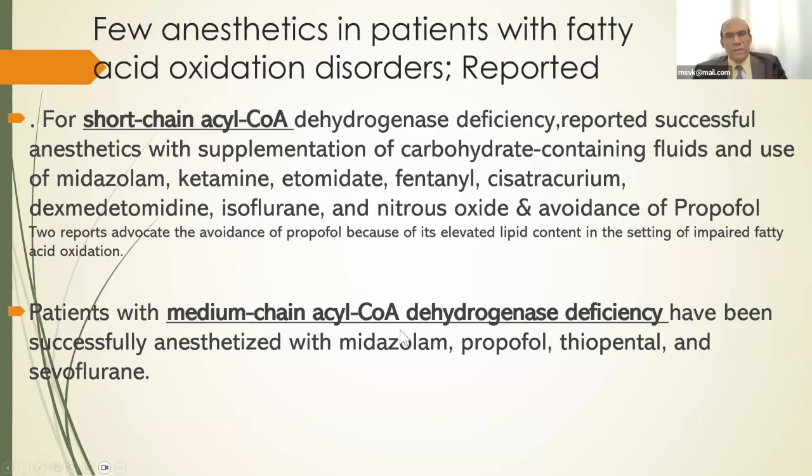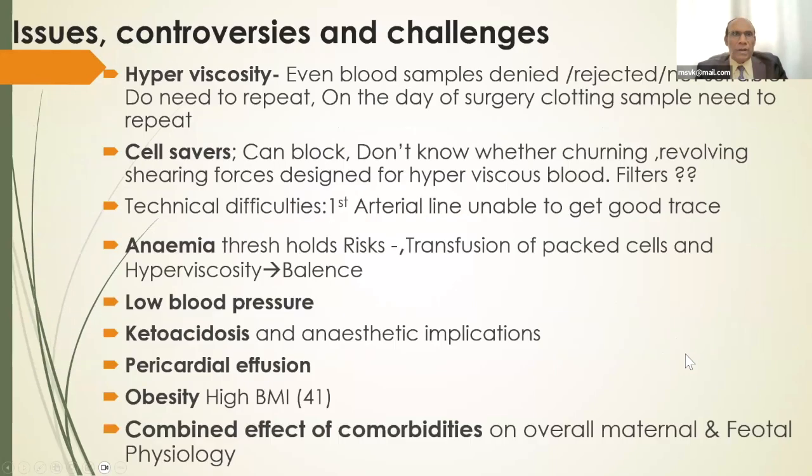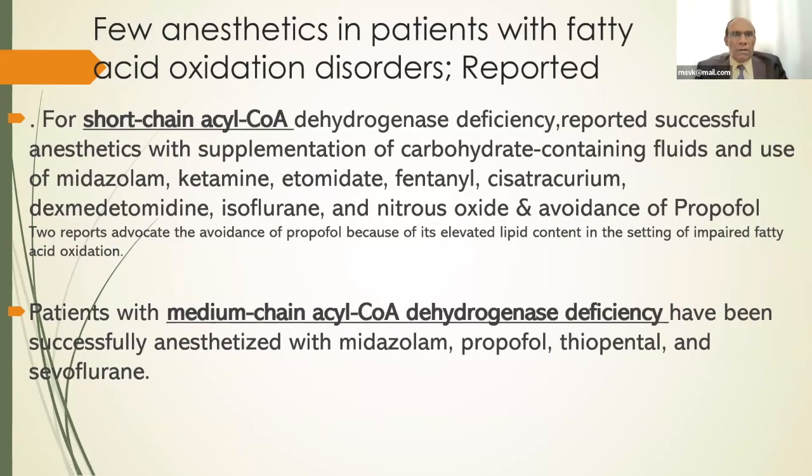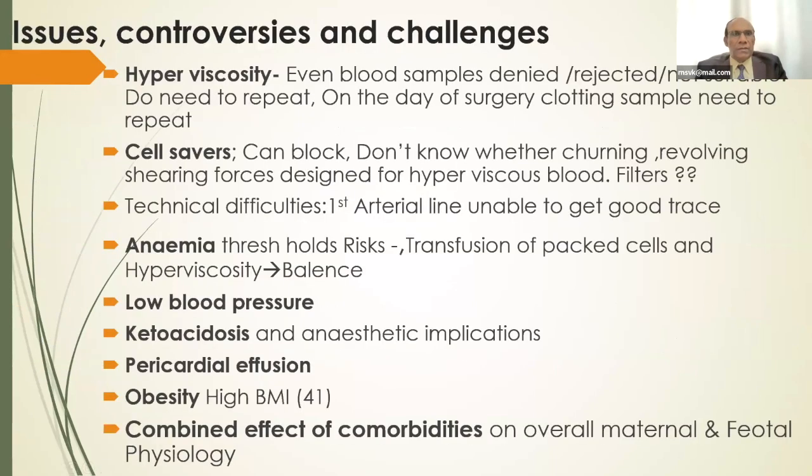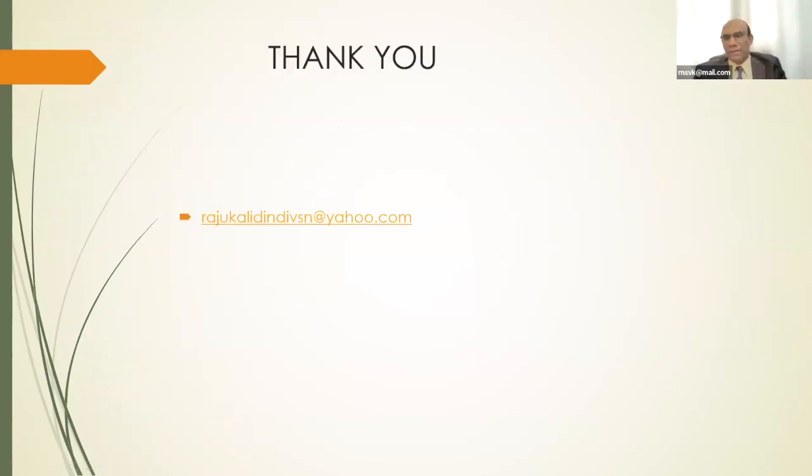For a medium chain acyl-CoA dehydrogenase deficiency, they have successfully anesthetized with midazolam, propofol, thiopentone, and sevoflurane. Okay, so finally, these are the issues and controversies we have faced, and that is the end of my talk. I think we have taken enough time. Now we can invite questions and answers.